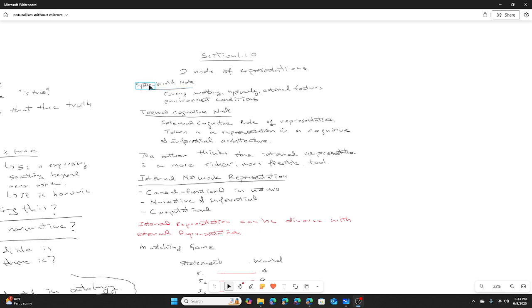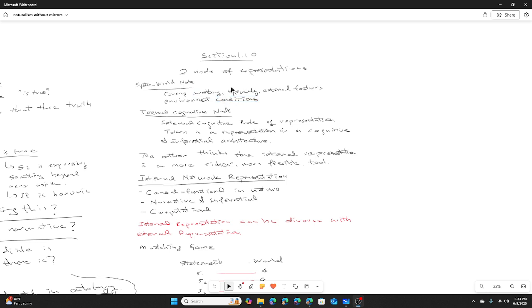You have the system world node that is roughly based on something external, typically external factors, environmental conditions. I think this is kind of covering the correspondence theory of truth.